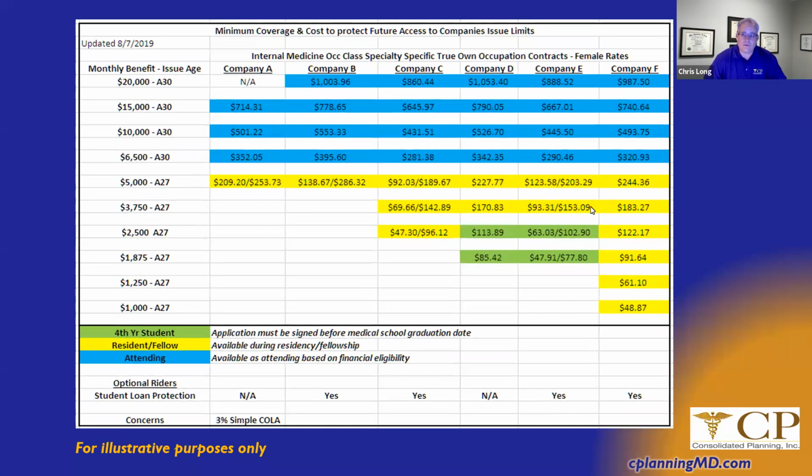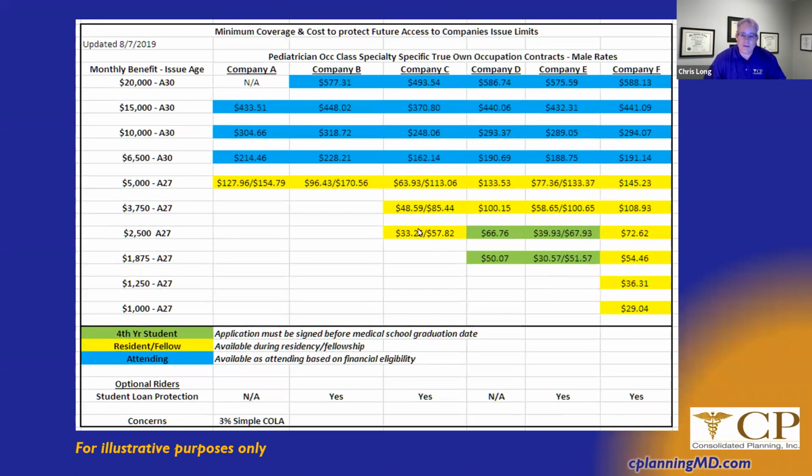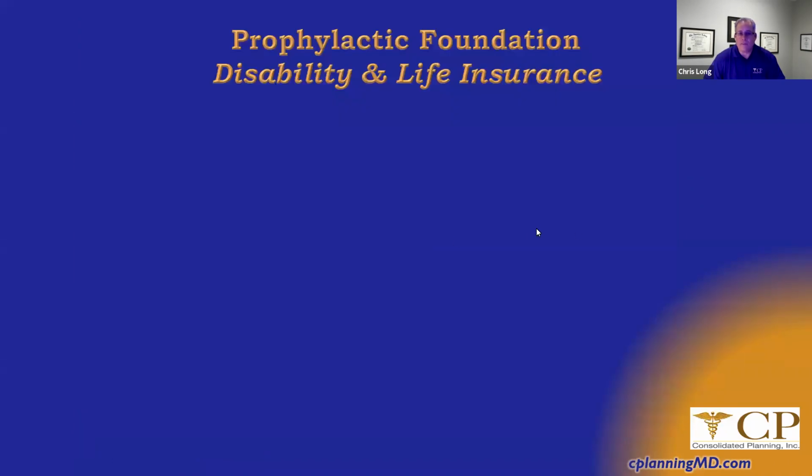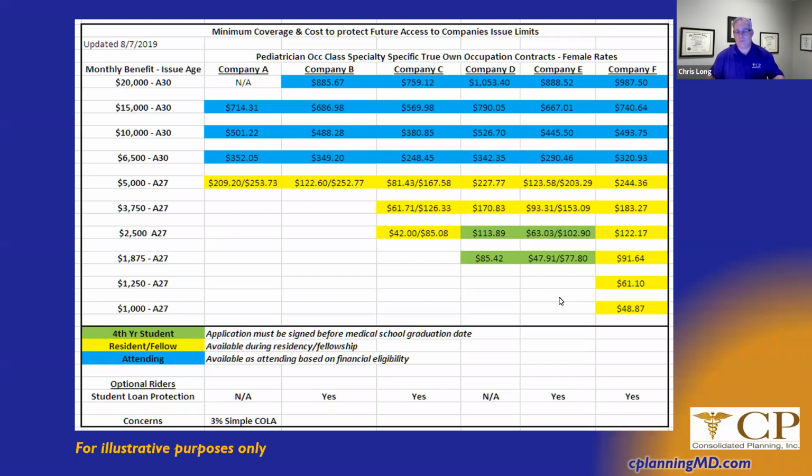If we go to look at different specialties, then you know, somebody in pediatrics is going to pay a lower premium than a surgeon or an internist, even for that matter. And females are going to pay more than males. Now, there are still a few programs scattered across the country where we can find sex neutral rates, but that's something we'd help you with.